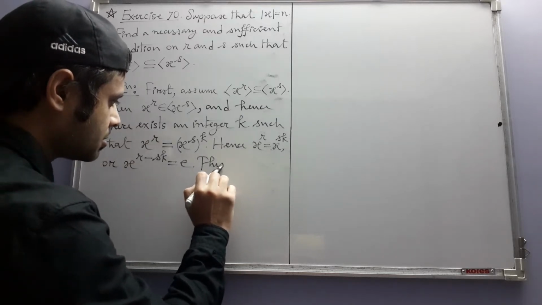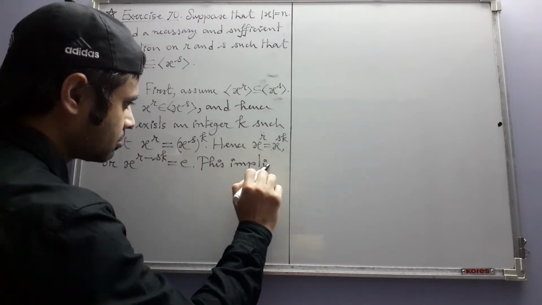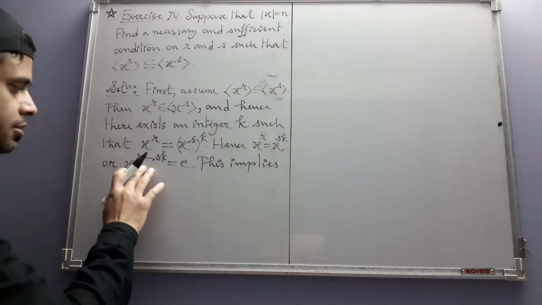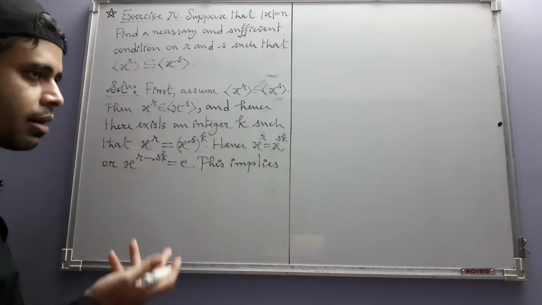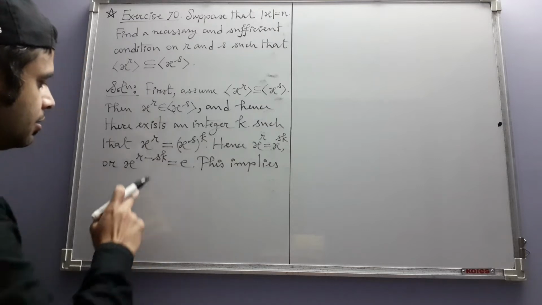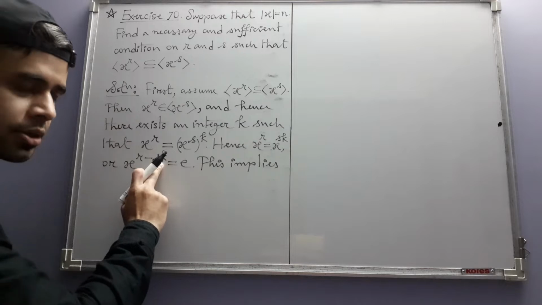This implies, if x to the power r minus sk is identity, where clearly r minus sk is an integer, the order of x will divide this exponent.